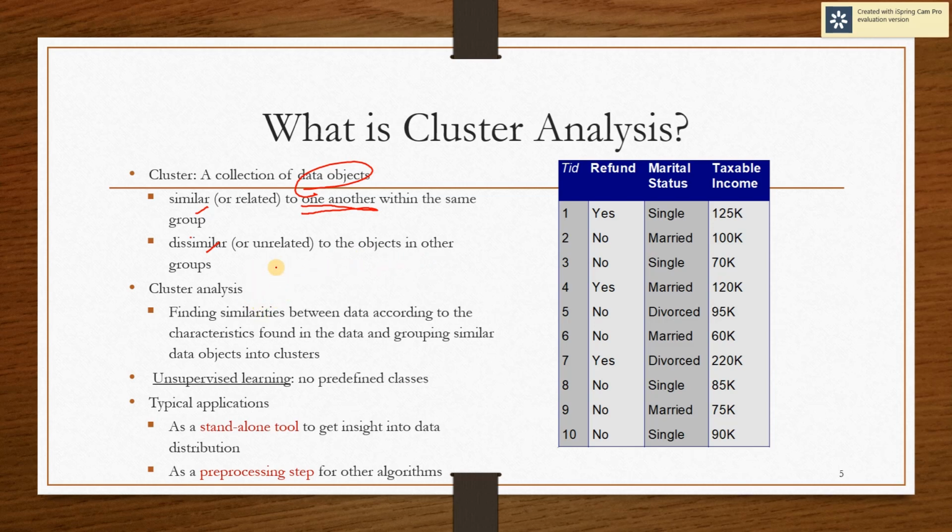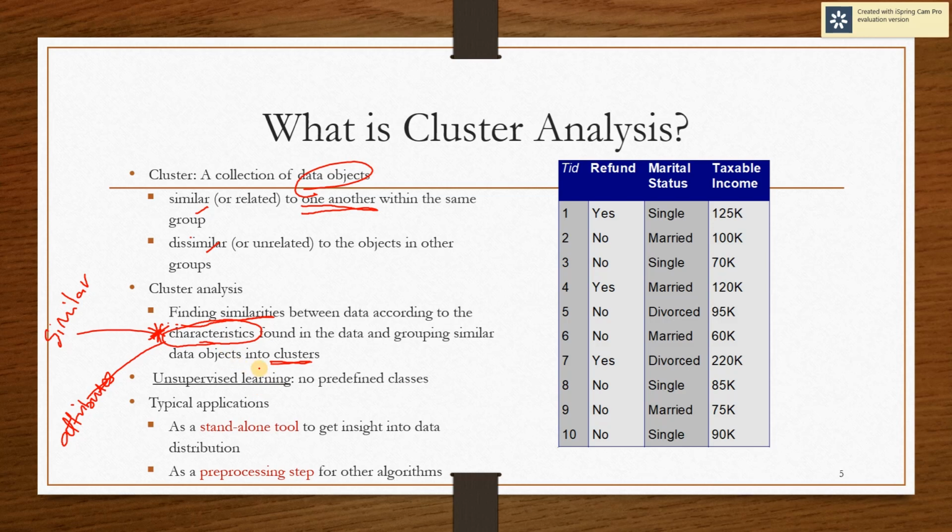In cluster analysis, you are finding the similarities between data according to characteristics. So you have to bear this in mind: characteristics found in data, and grouping similar data objects into clusters. The similarity you will find is based on the characteristics here. So what is the characteristic? Possibly it can be your attributes, the values of your attributes.